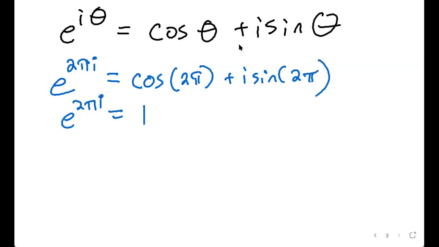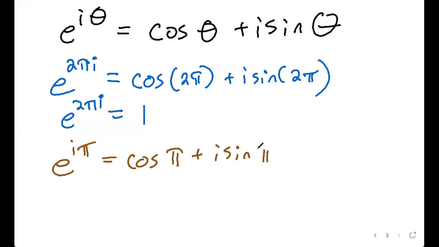And then to finish off this video, e to the i pi. This might end up producing something you've seen before, but you might not know where the formula comes from. And so this is the big finale here. e to the i pi, we plug in theta is pi. Cosine theta becomes cosine of pi plus i times sine of pi.